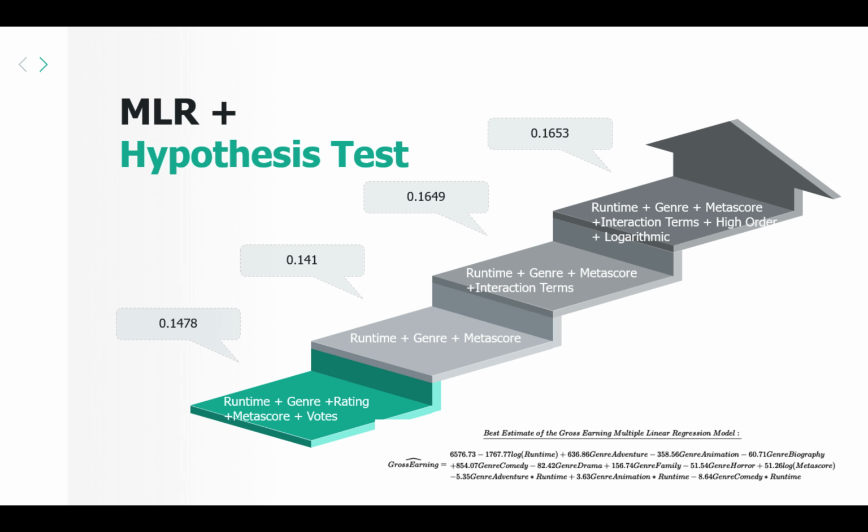After selecting the most significant variables, the adjusted R-squared reduced to 0.141. And even with introducing the interaction terms and also the higher order or log terms, our adjusted R-squared is only at 0.1653. And on the bottom, you can see the four multilinear regression models.